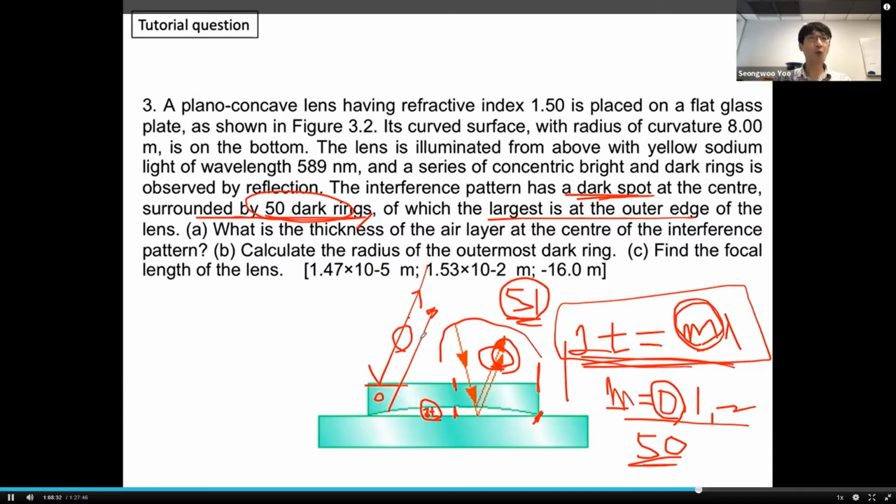Those two waves can interfere, but the chance of making a good interference is not very high, because the glass thickness is a few millimeters or even centimeters.